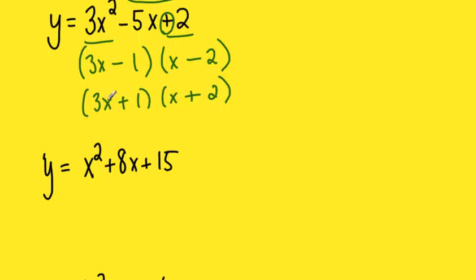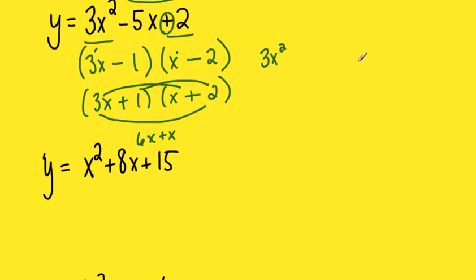I was trying the positive. If I put positives there and I check it, 3x times x is 3x squared. That gives me the first one. 1 times 2 does give me 2, but then I have 6x and 1x, which is 7x, not negative 5. So that won't work. Okay, what about this one? If I do 3x times x, that does give me 3x squared.